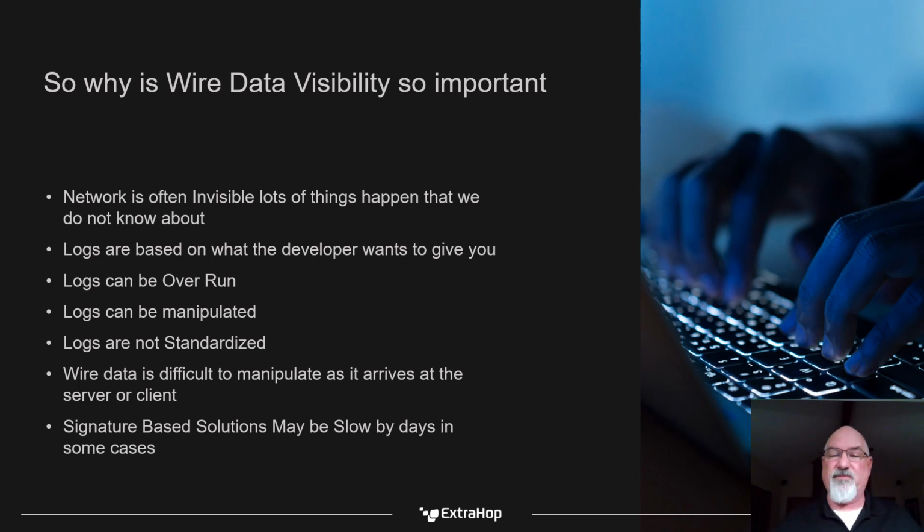And you're also dependent on the fact that the logs will be there, right? That you've actually set them up to log, and that the logs are going to be there all the time, because if somebody really understands or has figured anything out about your environment, they can create enough events to overrun those logs.